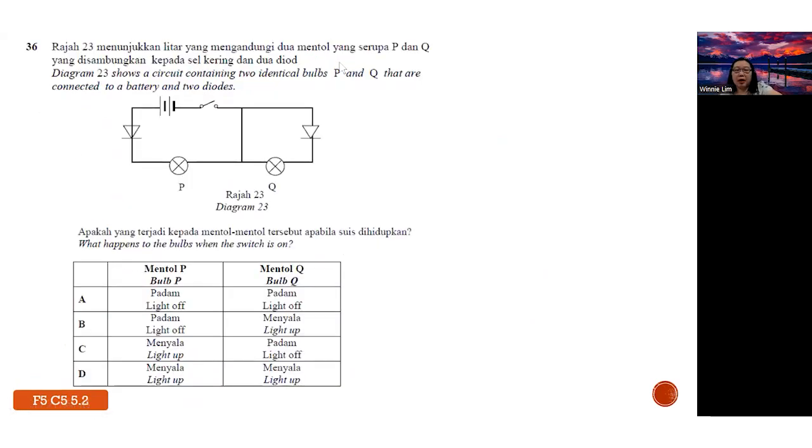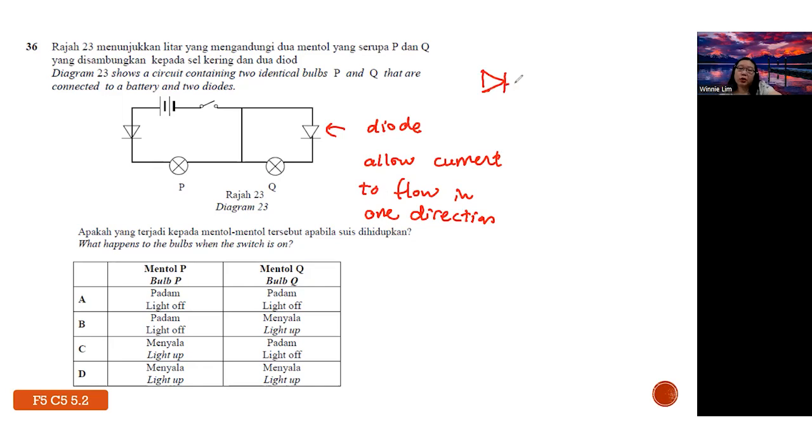Then Chapter 5, 5.2, regarding the semiconductor diode. This symbol is actually a diode. What is the function of a diode? It allows current to flow in one direction. A simple diode will only let current flow from positive to negative, like this.